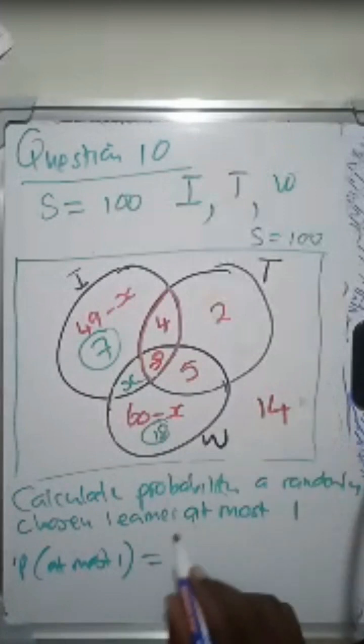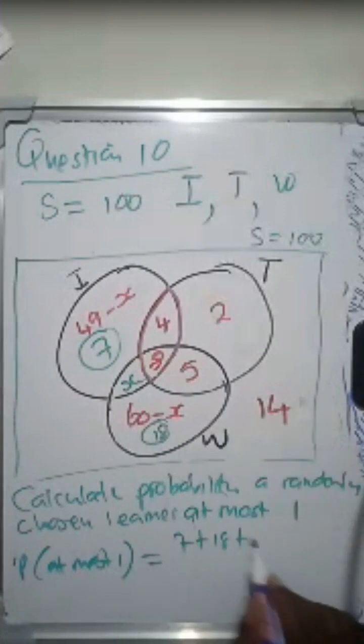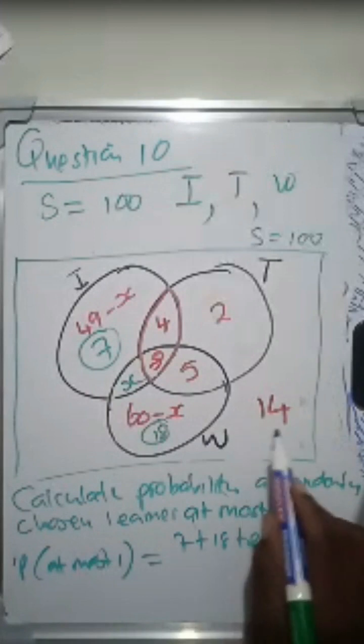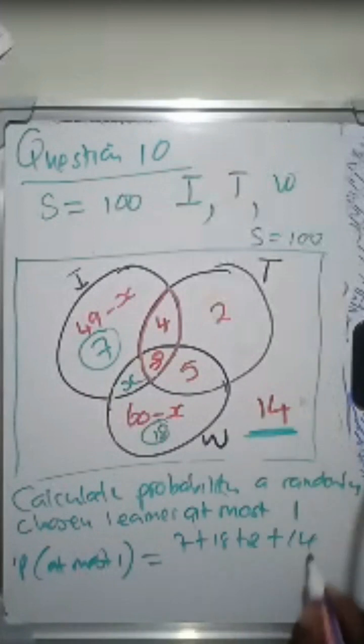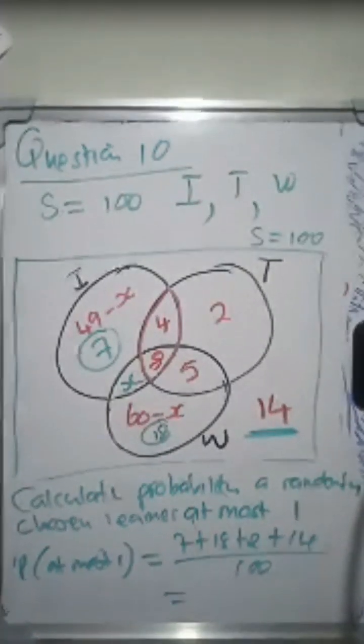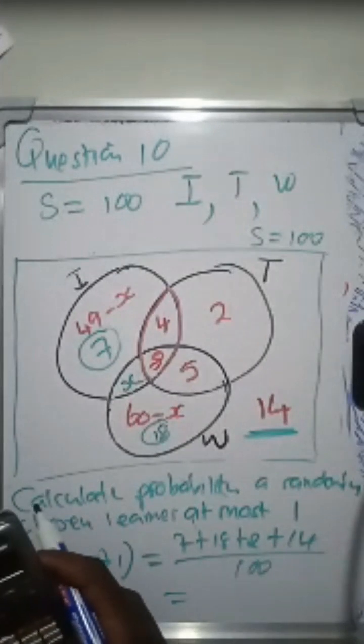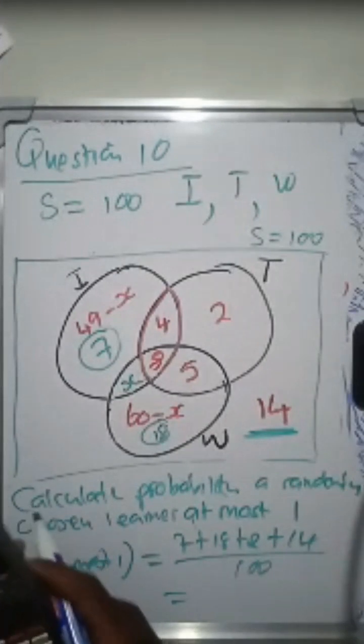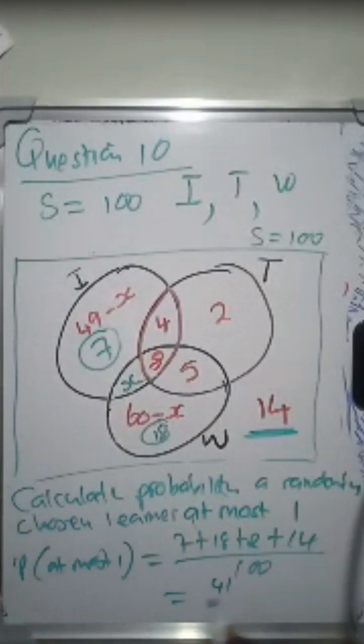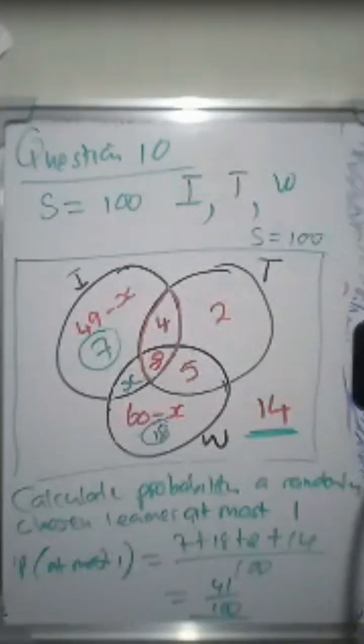We have 7 plus 18 plus 2. And remember, at most it's 1 and less. So you have to include what? The 14. We are using 0 over the sample space, which is 100. So that is going to be 7 plus 18 plus 2 plus 14. That is 41 over 100. That is at most 1.